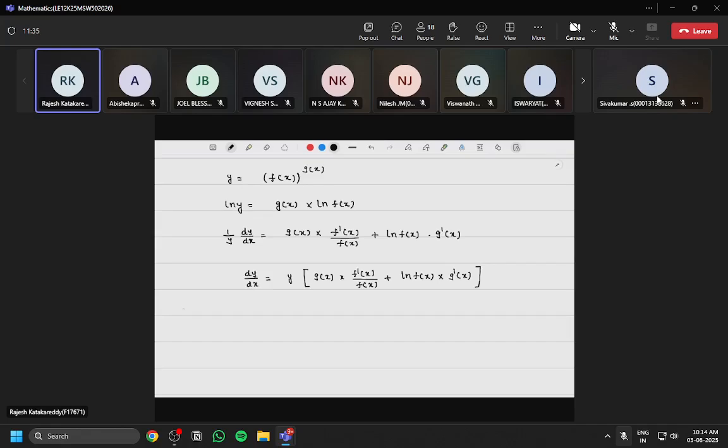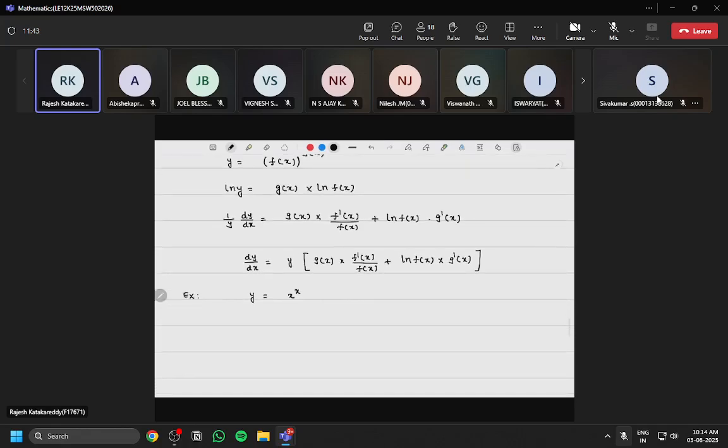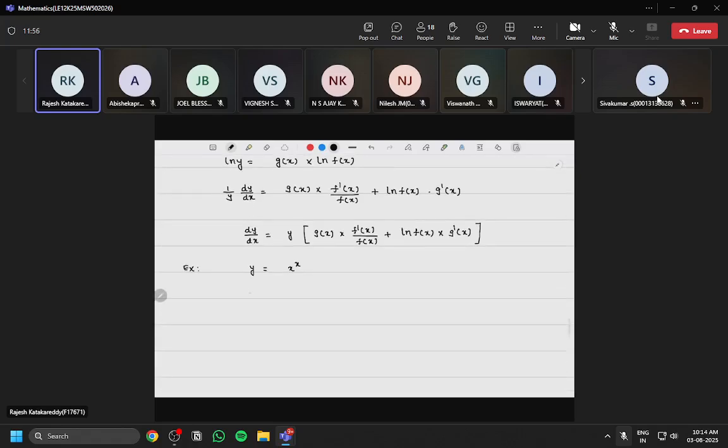A small example: we can take y is equal to x to the power x. You will have this in NCERT, I guess. Now what we need to do is just take log on both sides and differentiate, using the implicit function or u into v rule. Clear? If I take log on both sides, log y is equal to x into log x.